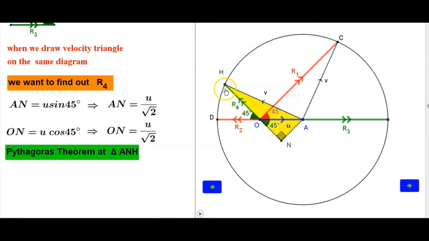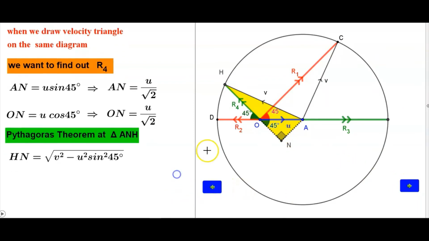Now consider this triangle ANH. ANH is a right angle triangle, 90 degrees. Using the Pythagoras theorem, HN is the square root of V squared minus AN squared, that is, U sine 45 whole thing squared.